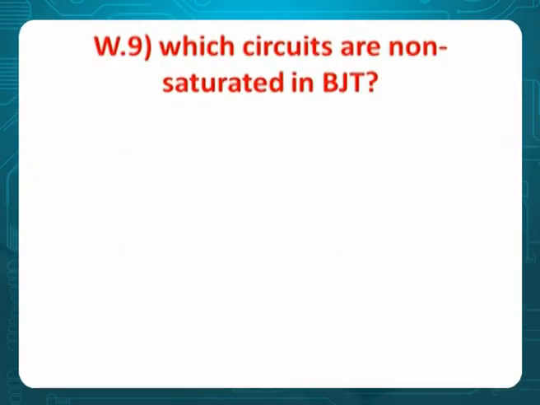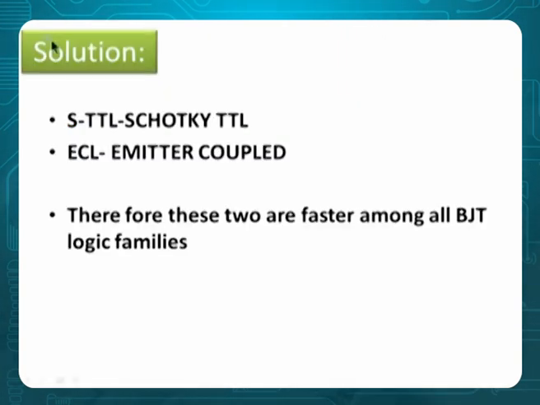Question number 9. Which circuits are saturated in BJT? I mean logic circuits. Option solutions: Schottky TTL is non-saturated. Emitter coupled is also non-saturated. Therefore, these two are faster among all the BJT logic families. Another good news about ECL is that it's not only the device that is unsaturated, the circuit components have less resistances.